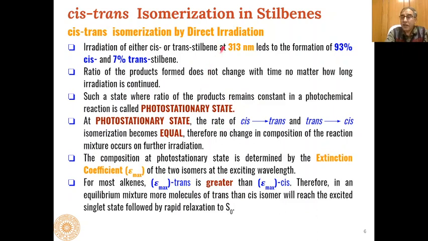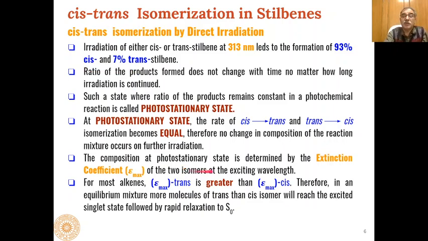So at 330 nanometers, when we get a mixture of stilbenes where 93% of the product has cis configuration and 7% has trans configuration, that state will be called the photostationary state in the case of stilbenes. And at the photostationary state, the rate of transformation of cis into trans and trans into cis becomes equal. That is why this ratio becomes constant.